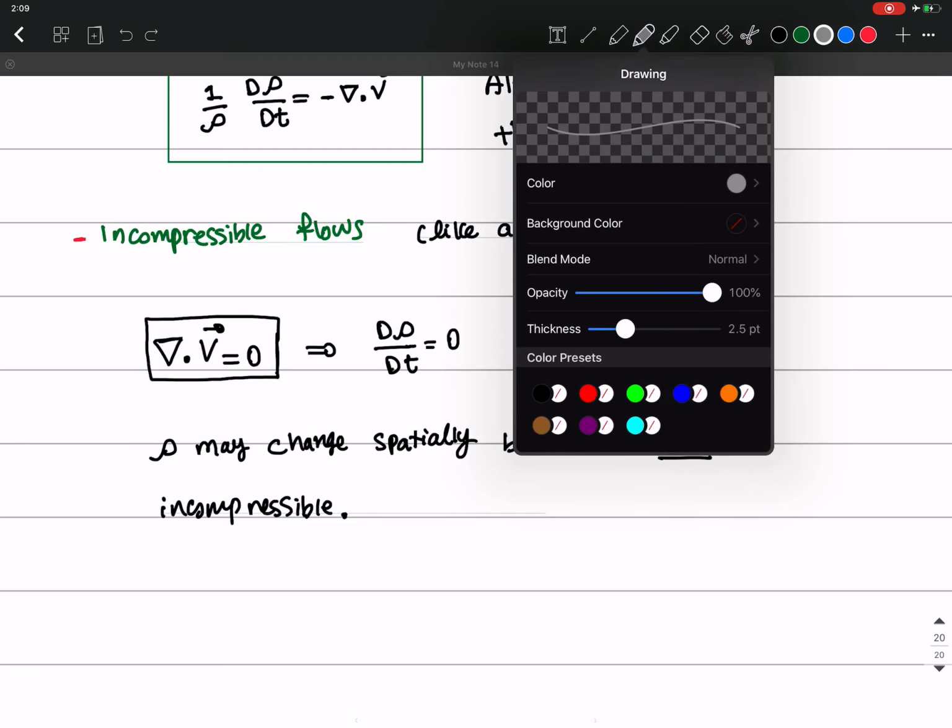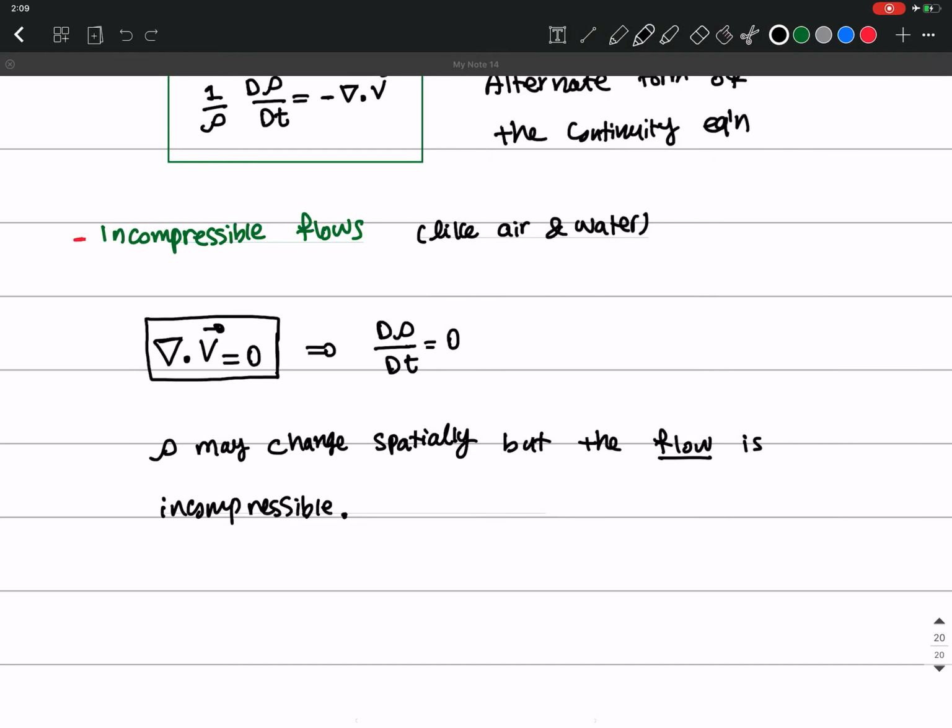So it's more than just something you may have thought, that rho equals constant. If your rho is constant in the whole flow, that's definitely incompressible, okay? But this is just a special case of incompressible flow.